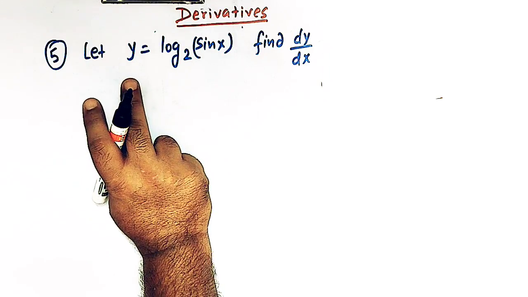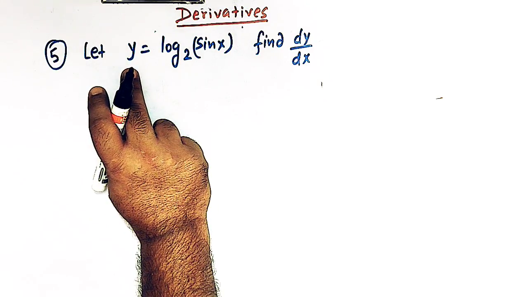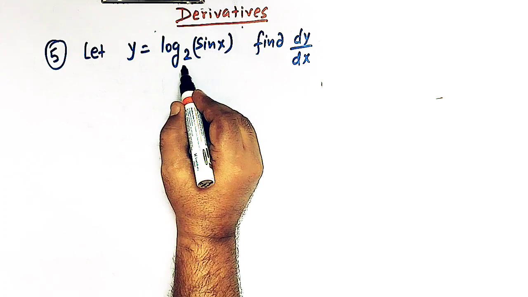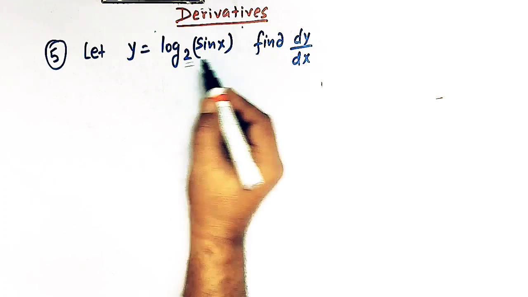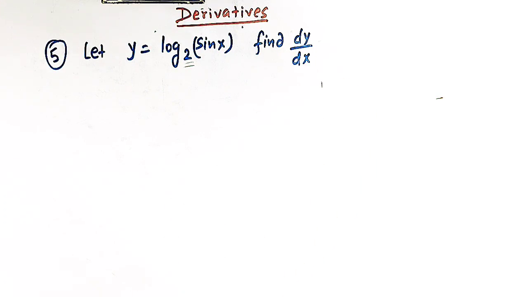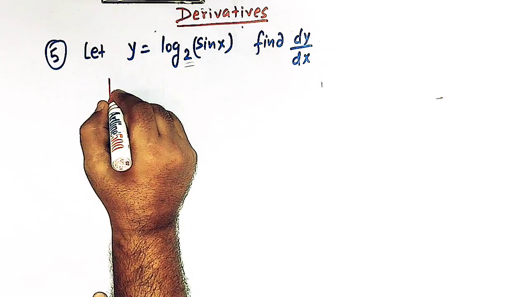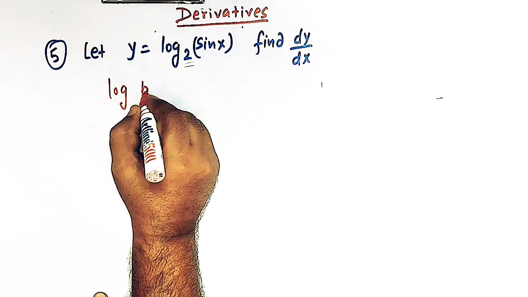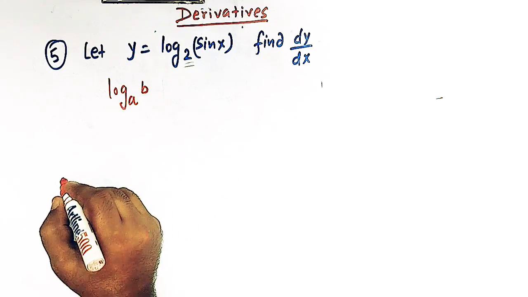So now consider this problem where we are given a function y is equal to logarithm of sine x to the base 2, right? And we have to find dy over dx. So here we'll make use of the base changing formula in logarithms. So we know that a log of, say, here we have b and here we have a, right?